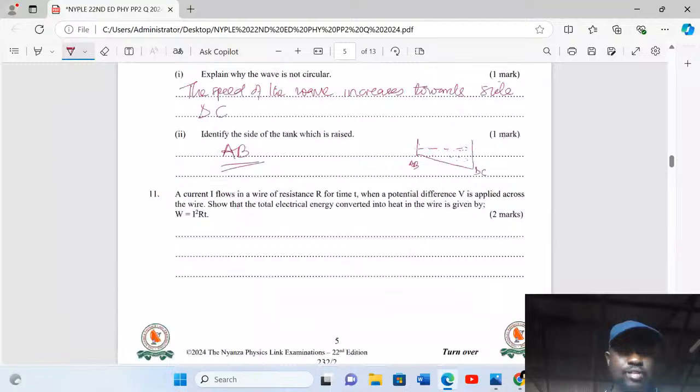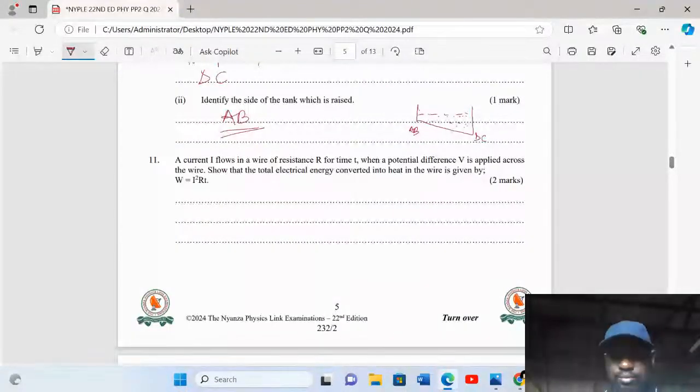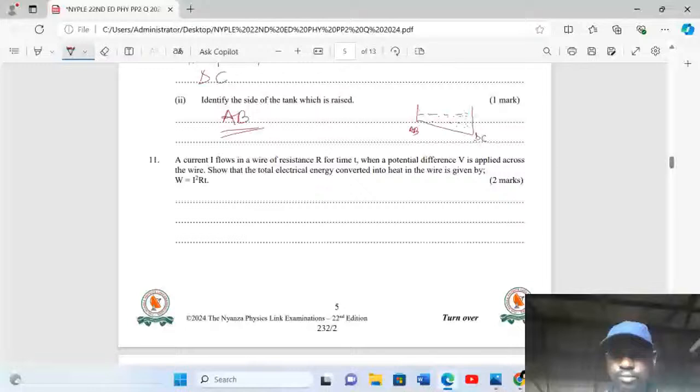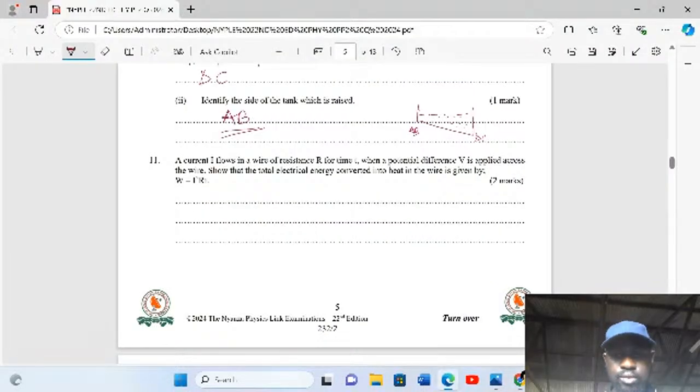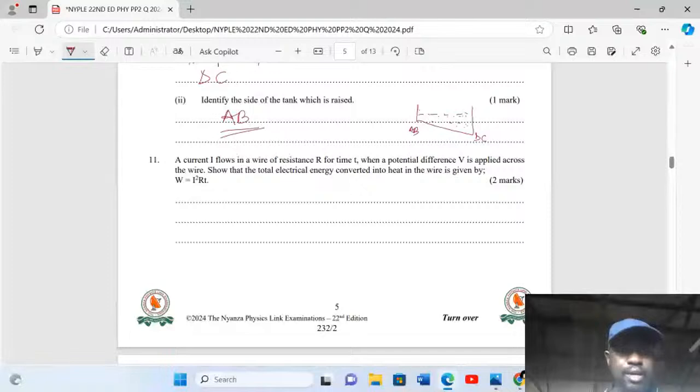Question 11. A current flows in a wire of resistance R for time t.